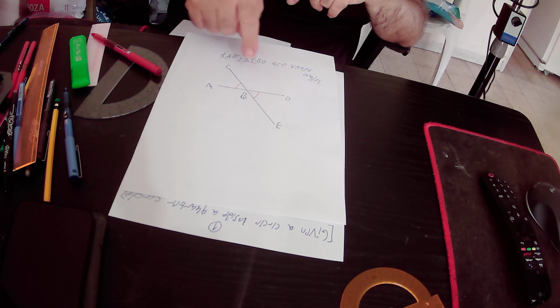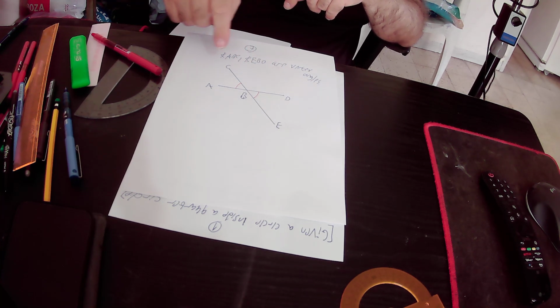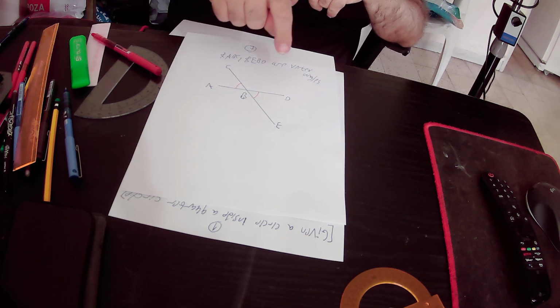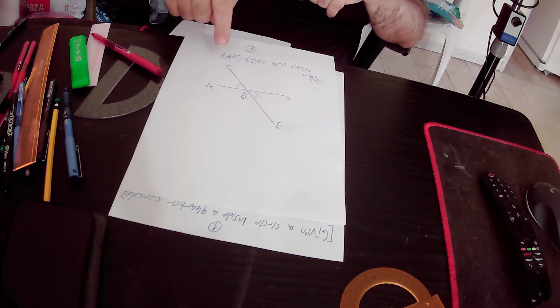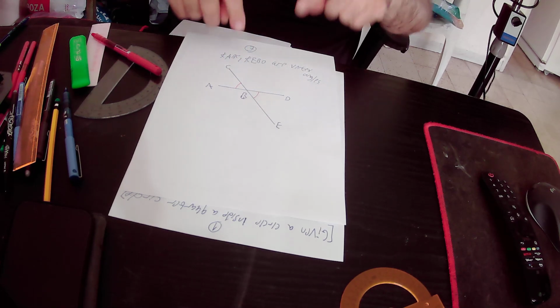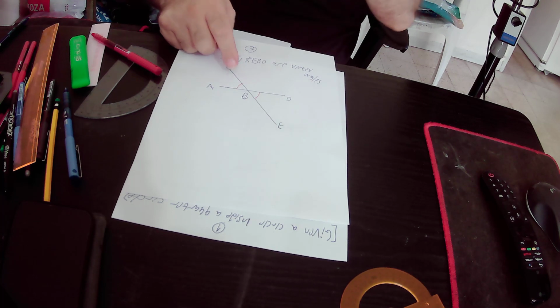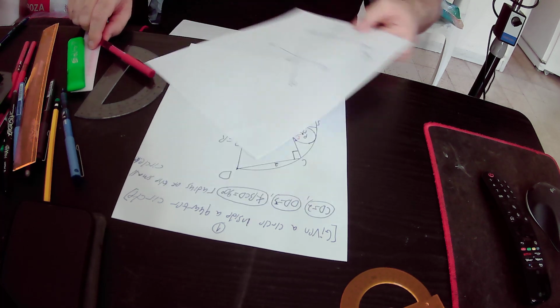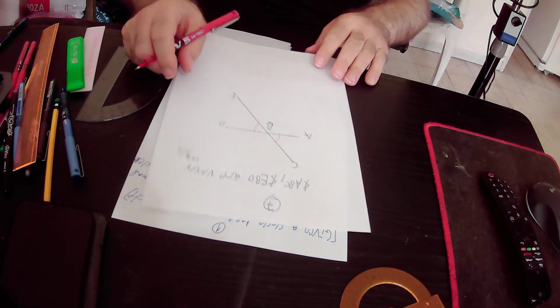The two angles in the red color, angle ABC and angle EBO, this angle, are two vertex angles. Those two angles are two vertex angles, and we have a rule.